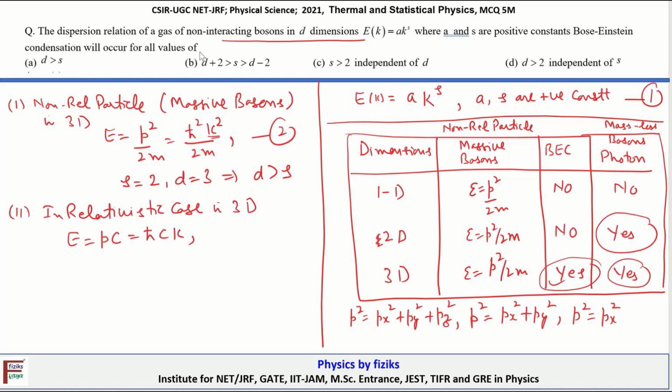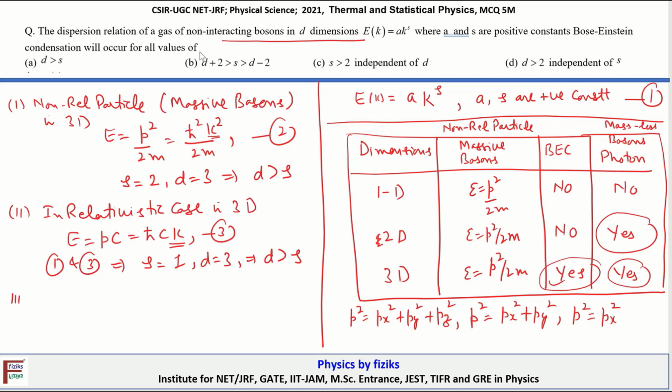So if you make a comparison between equation 1 and equation 3, this implies that s is equal to 1, the power of the k vector, and here the coefficient is h cut c. And d is equal to 3. So this also implies that d is greater than s.